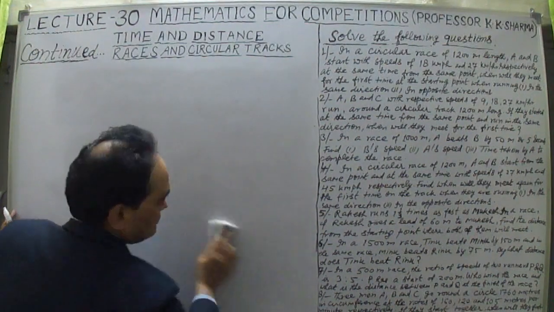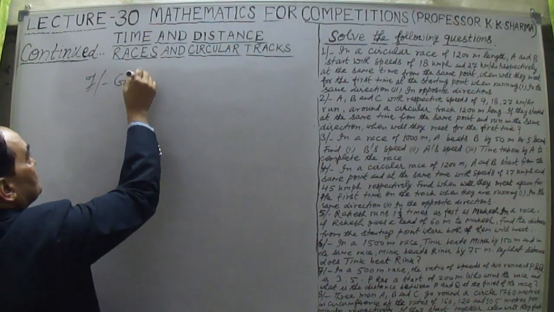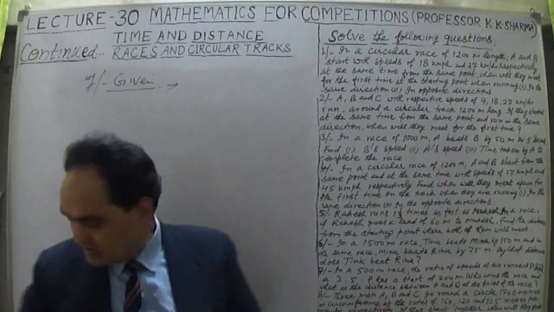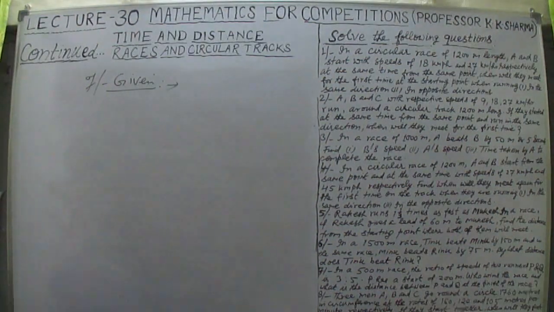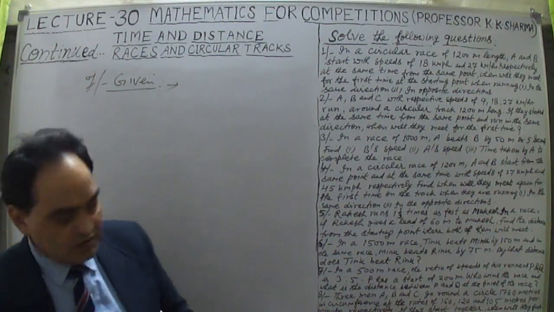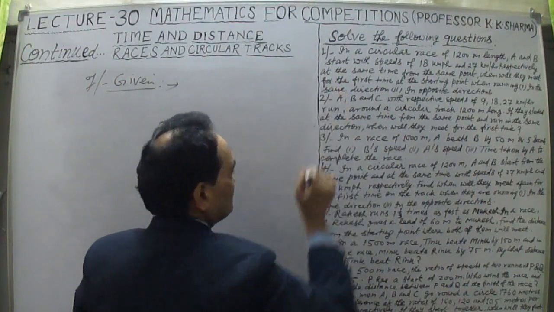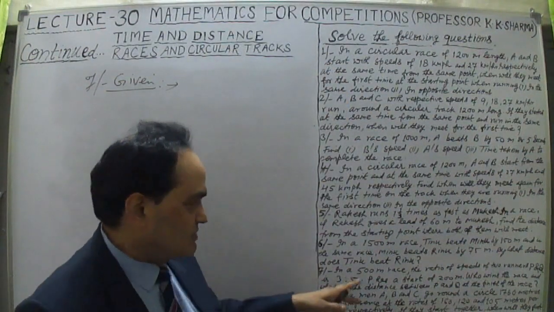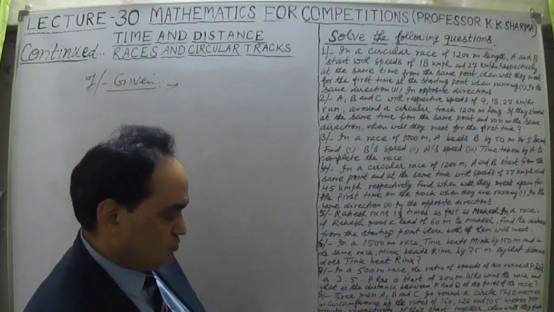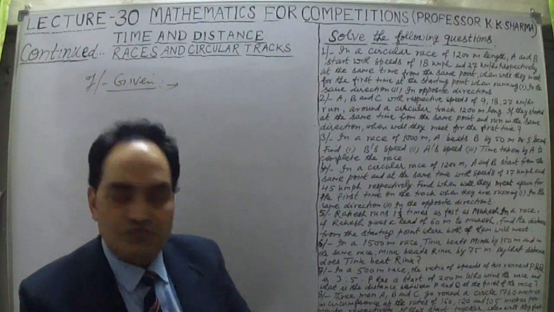Now question number 7, see here, what is given to us. Let me change the marker here. Question 7 says: in a 500 meter race, the ratio of speeds of two runners P and Q is 3:5.